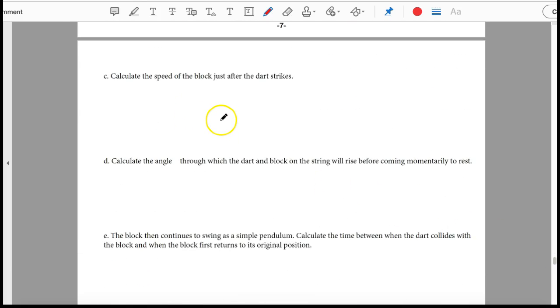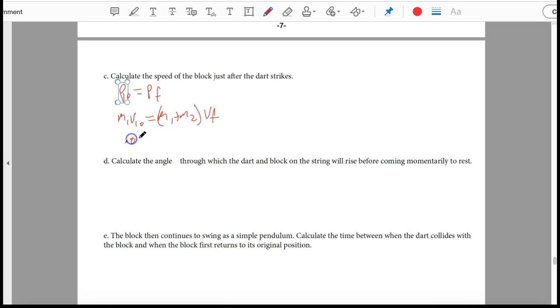Next thing they want us to do, such a great little easy problem, is calculate the speed of the block just after the dart strikes. So we know that the original momentum should be equal to the final momentum. So here we've got m1 v1 original is equal to m1 plus m2, where the projectile is 1 and 2 is the block, times the final velocity.